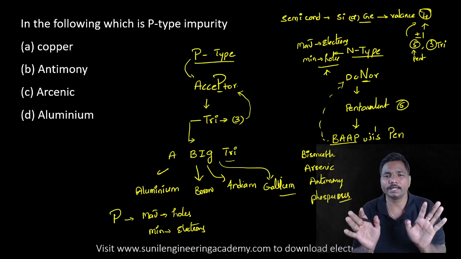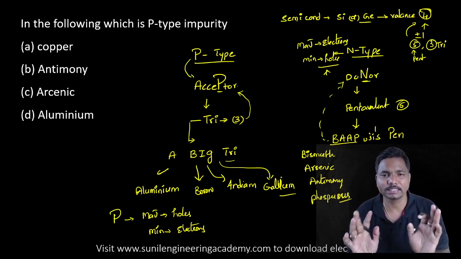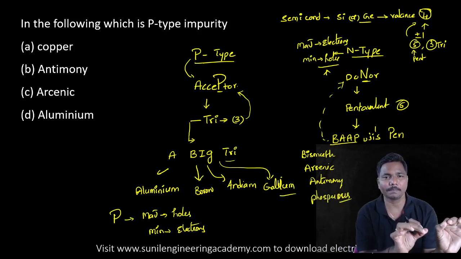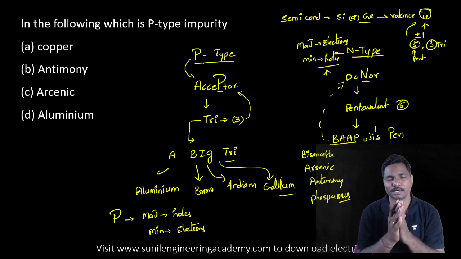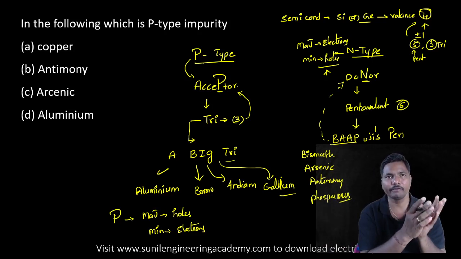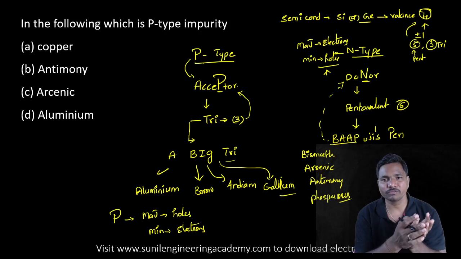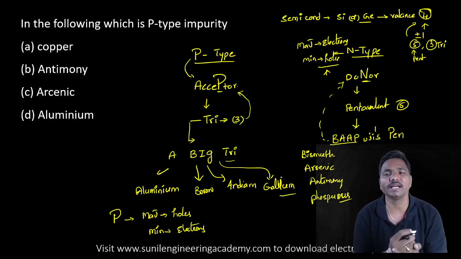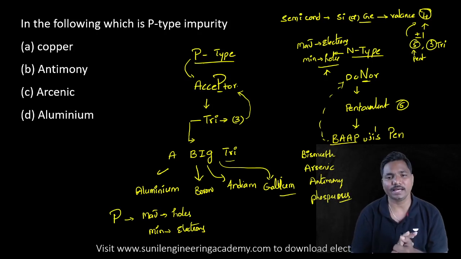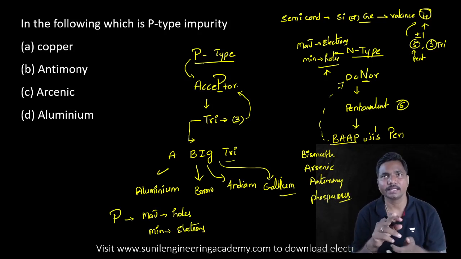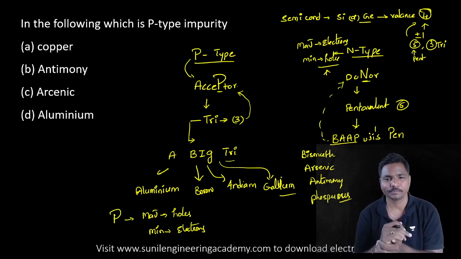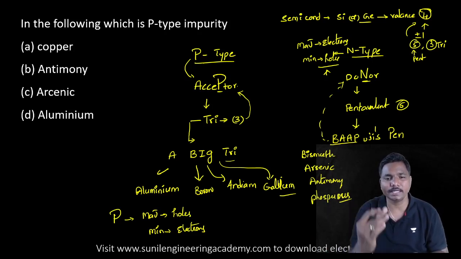Okay, once again guys, all of you close your eyes, just listen. We have P-type semiconductors and N-type semiconductors. P-type, P for acceptors. If they want to accept, there has to be fewer valence electrons than the semiconductor. So those are nothing but trivalent. Tree means a big tree. A for aluminum, B for boron, indium, gallium.